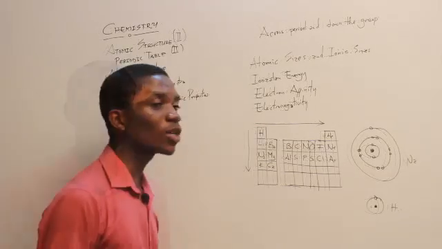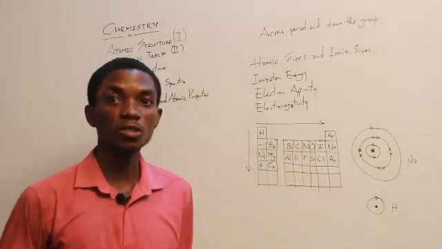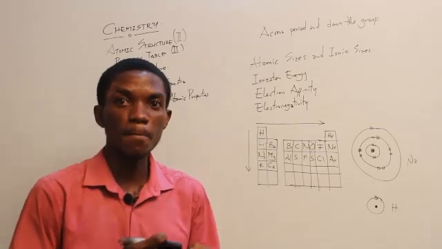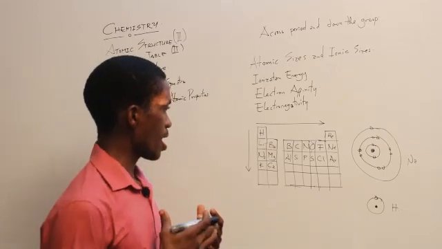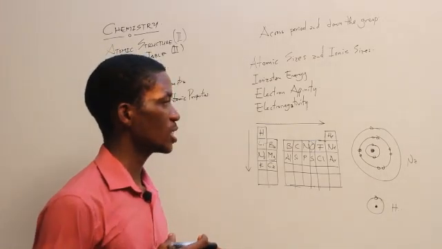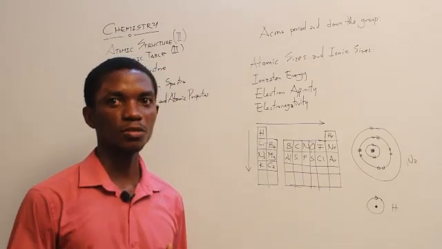So when we talk about electron affinity, we're talking about the love for electrons, the love to magnetize electrons, attract them. You see, electron affinity, actually, you find out that it decreases across the period.